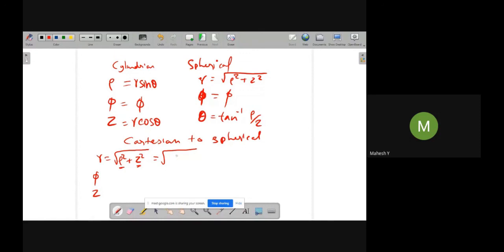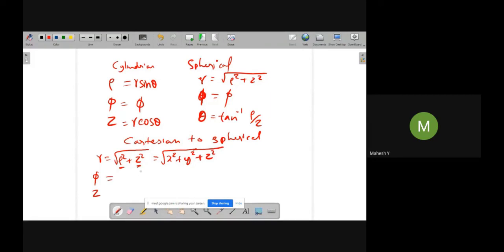Rho is square root of x square plus y square, or rho square is x square plus y square. So R is the square root of x square plus y square plus z square.